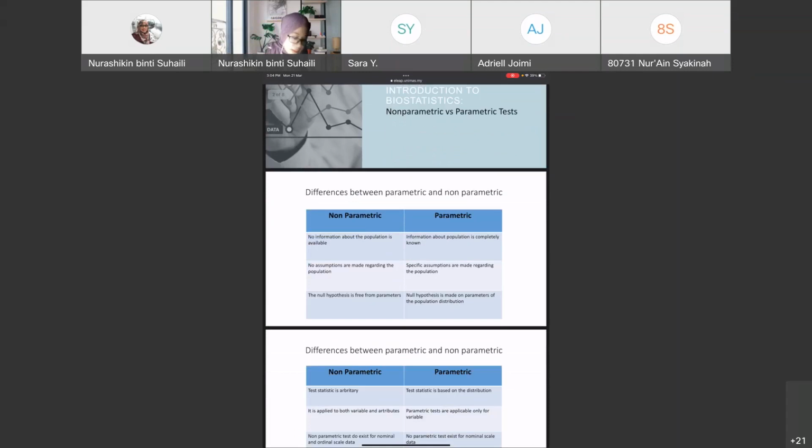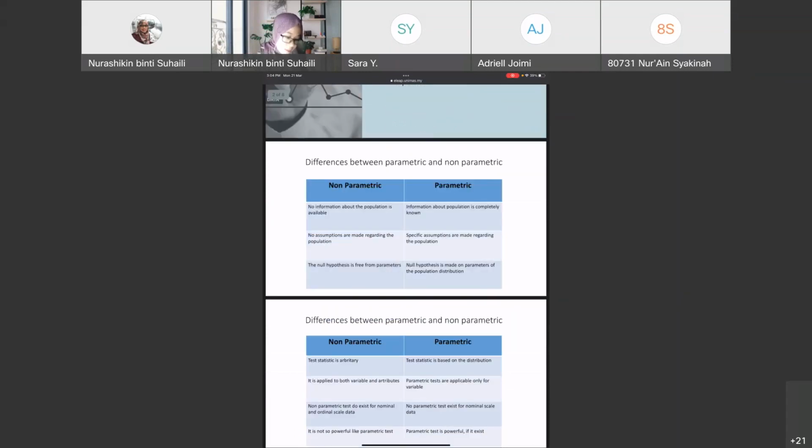When you say here, information about the population is complete for parametric. Information is completely known, and specific assumptions are met regarding the population. That assumption normally is the normal distribution I mentioned just now, because it's based on many observations.